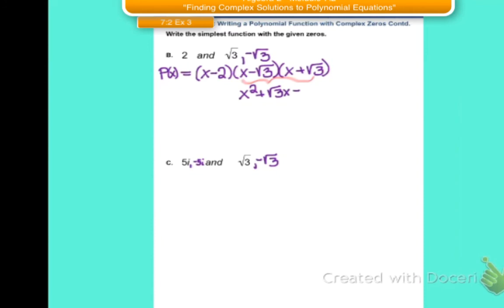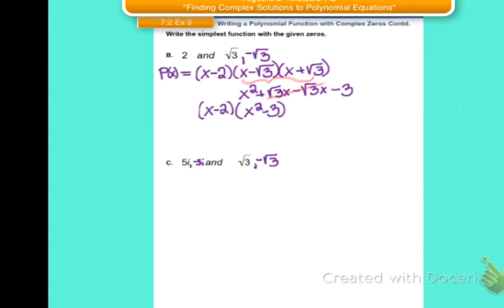Inside two, minus square root of 3x. Last two, minus square root of 3 times positive square root of 3. That gives me a negative, and square root of 3 times square root of 3 is 3. And so then putting my like terms together and canceling out those middle terms leaves me with just x squared minus 3, which then I have to multiply by x minus 2.